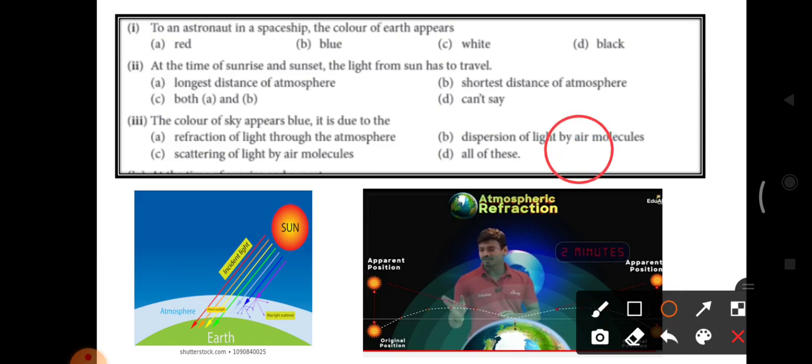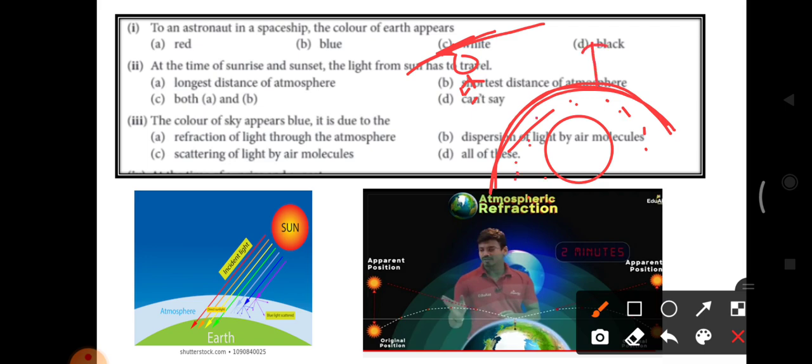Consider this is our earth. This is our atmosphere. When the astronaut is in the spaceship, that means they are far away from our earth. Maybe they are here. Up to this point only we have the atmosphere.